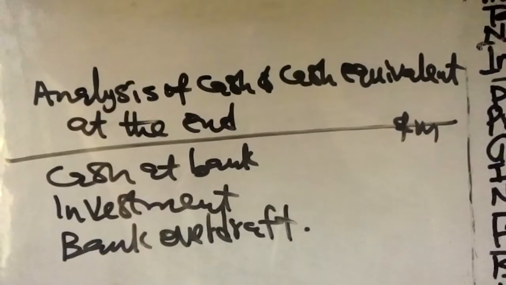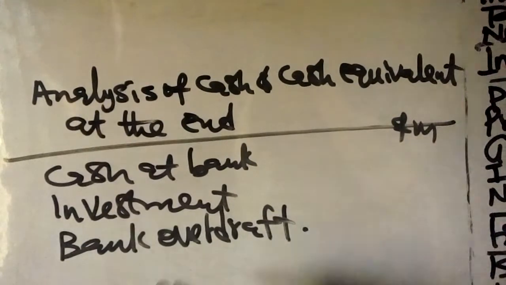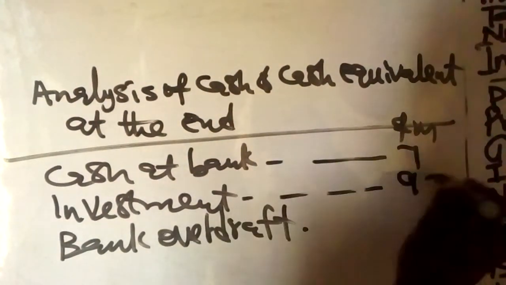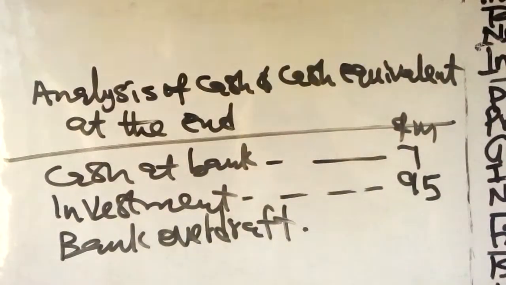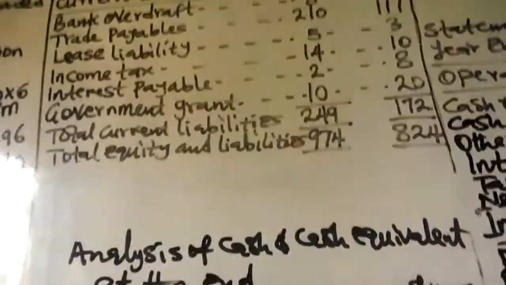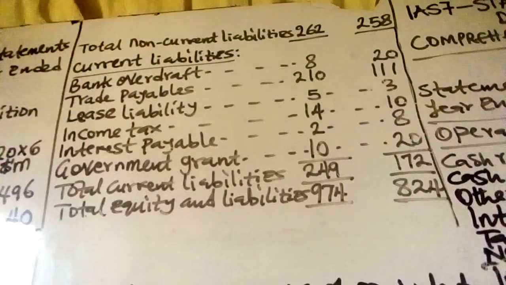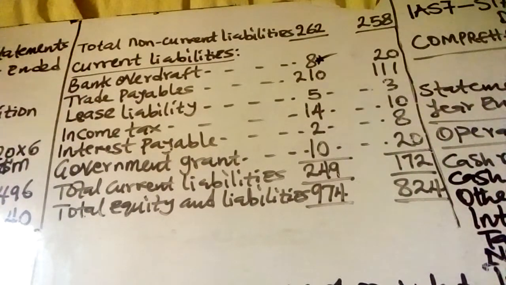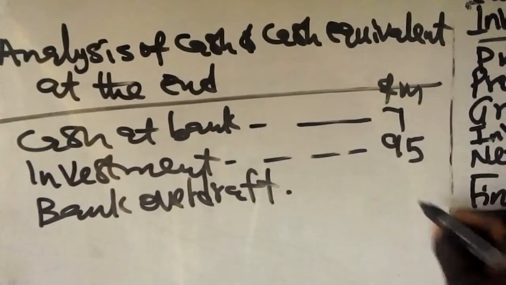Now let's consider that cash at bank 7, investment 95. Then under current liability, we have bank overdraft. The closing bank overdraft is 8. So we less the overdraft of 8.